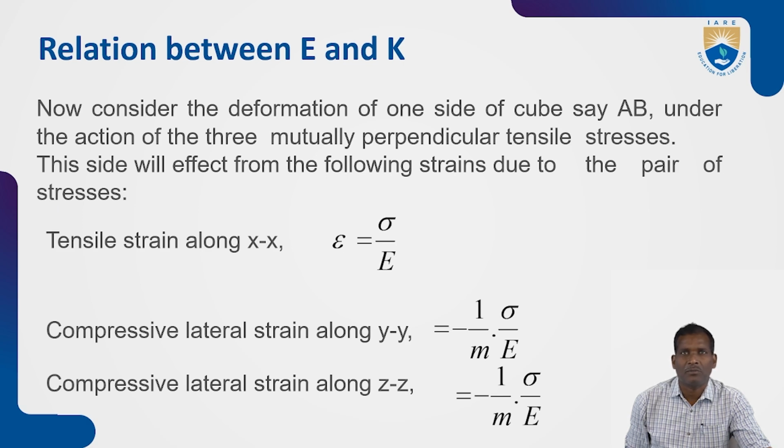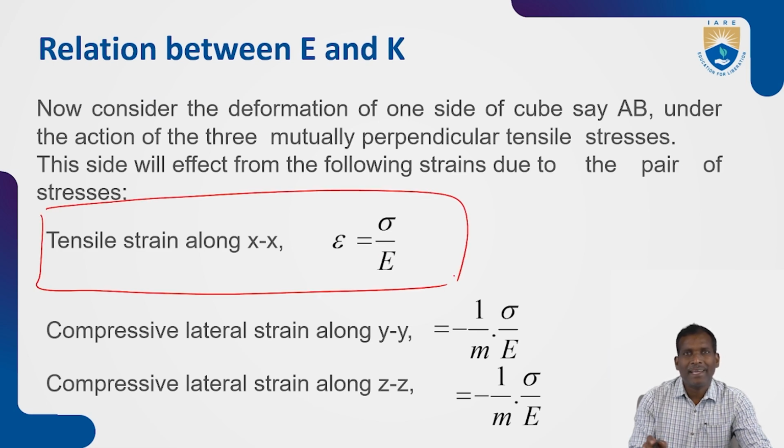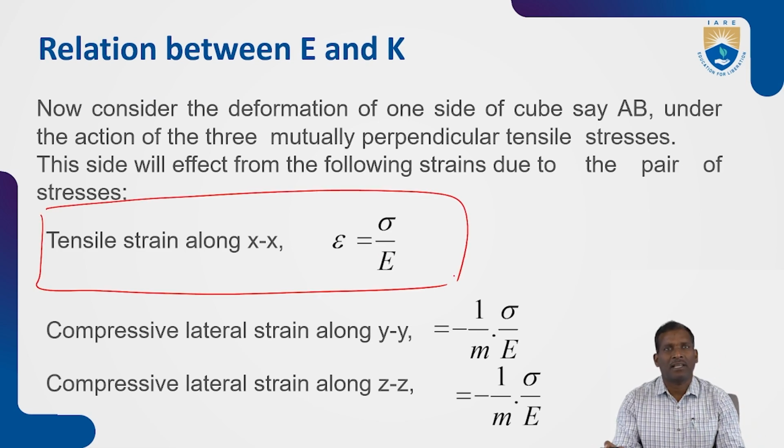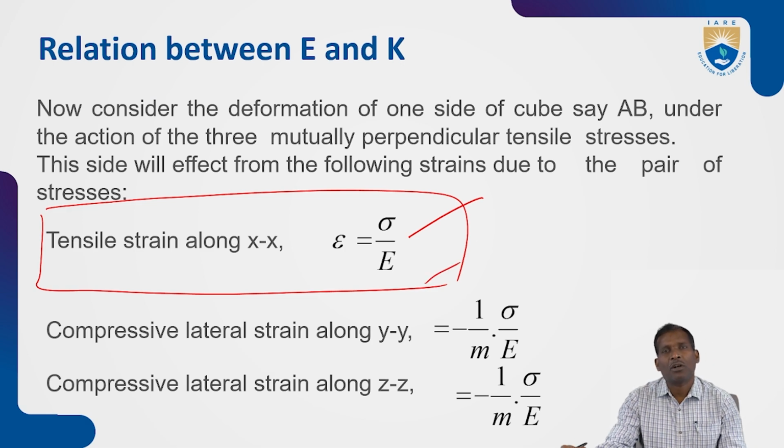Under the action of the three mutually perpendicular tensile stresses, this side will be affected by the following strains due to the pair of stresses. So the tensile strain along the XX cross section is equal to tensile stress upon Young's modulus, or modulus of elasticity.